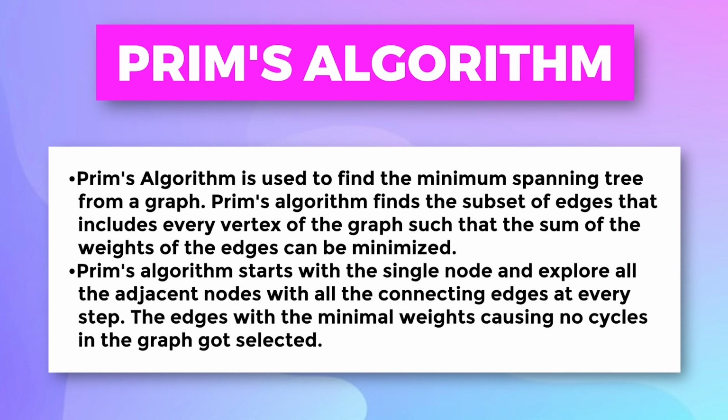The edges with the minimal weights causing no cycles are selected; this is an important point. If a cycle would be formed, you have to disconnect that. You never consider that particular edge from that particular vertex.